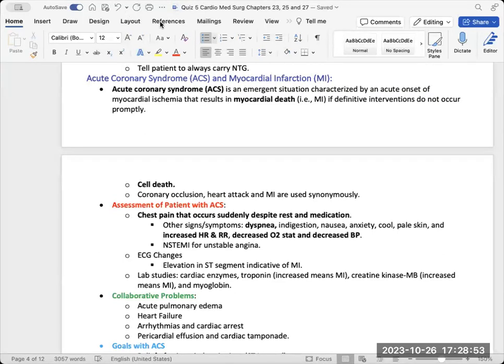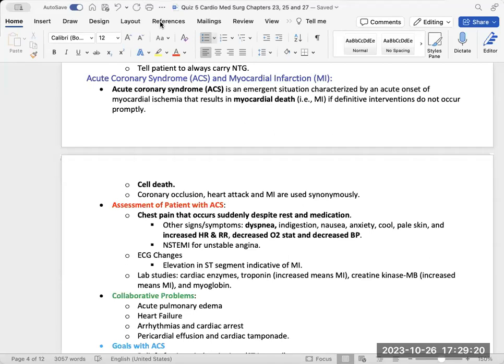Acute coronary syndrome relates to that because it causes cell death to some of the cells in the wall of the heart muscle. In this situation, it's not irreversible yet. In acute coronary syndrome, it's getting to an MI and it could lead to death. So if it gets to death, we're in an MI, and that means we have irreversible damage to the heart.